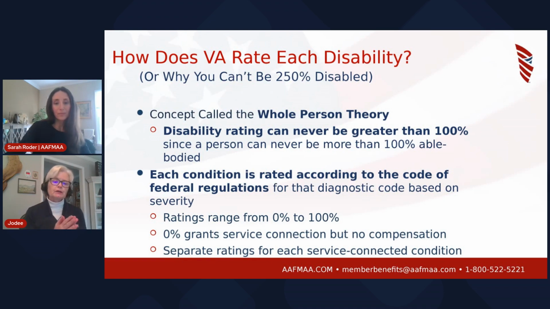But that's important because in the future, if that condition worsens, you may be able to place a new claim to have it reevaluated, and maybe it's gotten to the point where it does meet a higher rating level for compensation purposes.